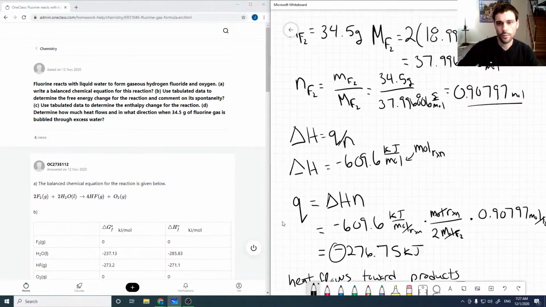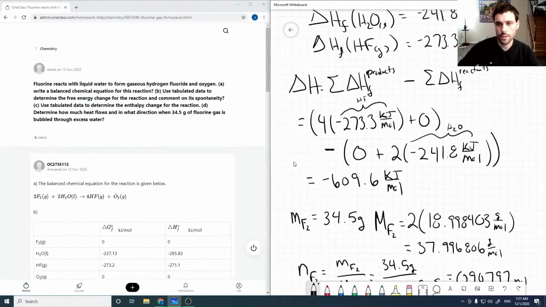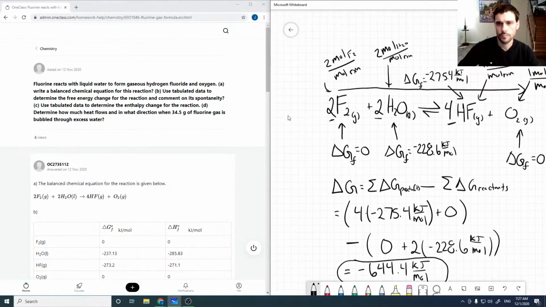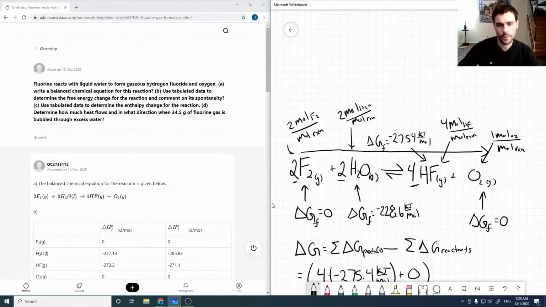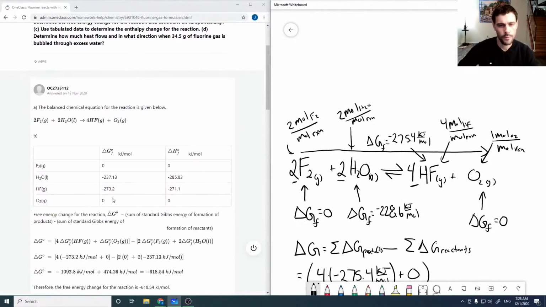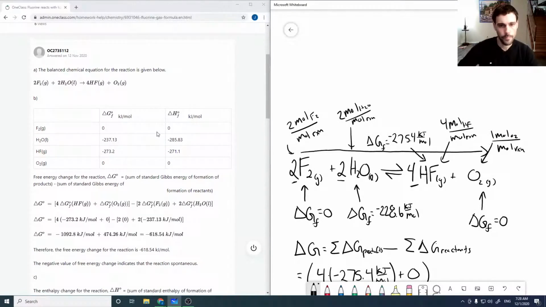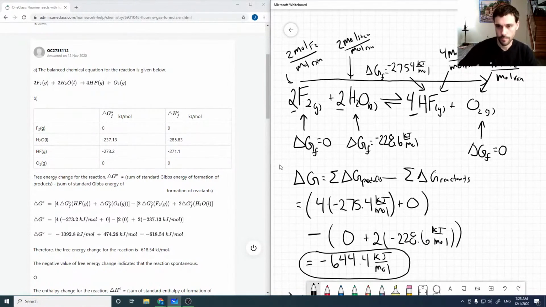So running through all of our solution here, right from the top. So there's our balanced equation, which looks good. The delta G's of formation that they found are a little different from mine, but that's okay.